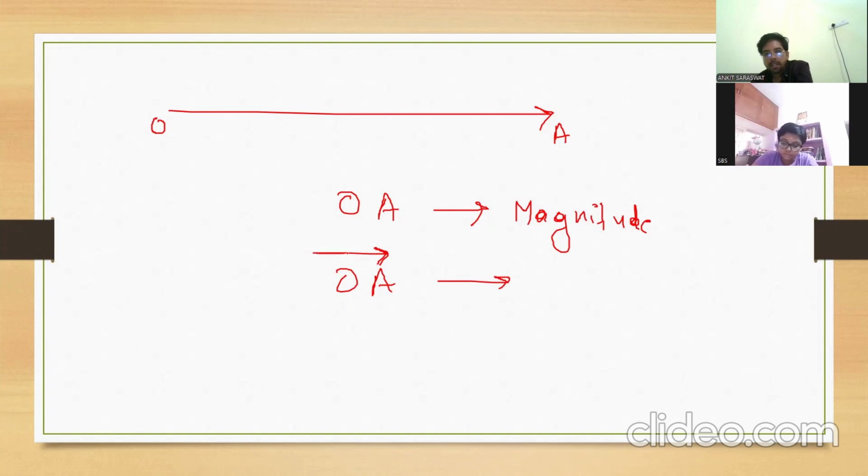It means this OA is not a scalar. Whatever OA is here, it is a vector. If I write modulus OA, it is the magnitude.